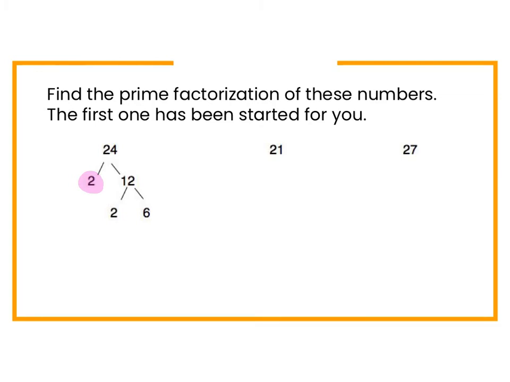We can break 12 down into 2 times 6. 2 is prime, so we can circle it. And 6 is composite, so we need to break it down one more time. 6 can be broken down into 2 times 3. Both the 2 and the 3 are prime numbers, so we can circle them.